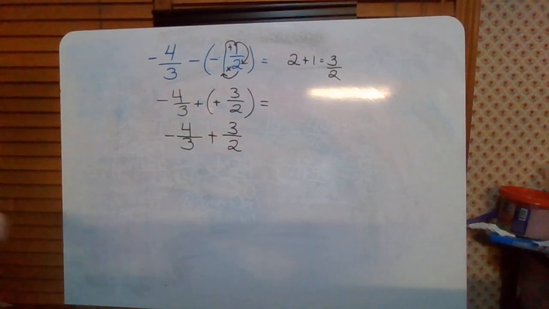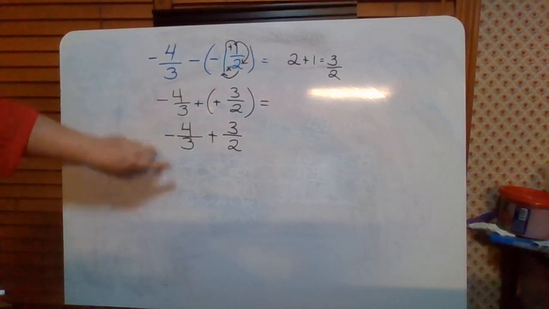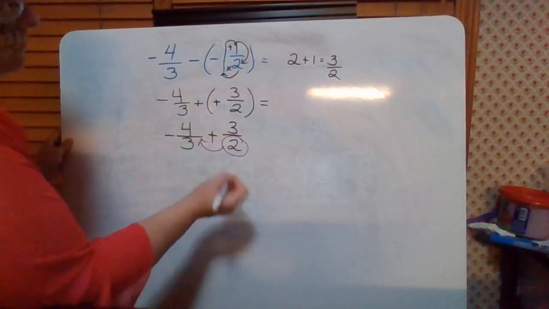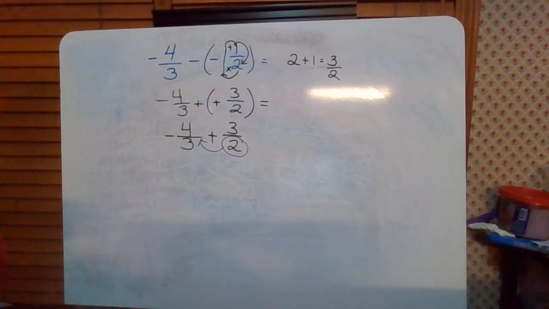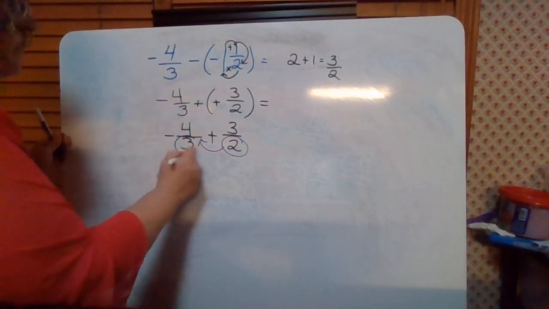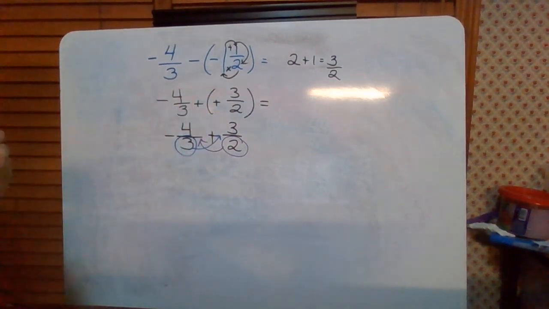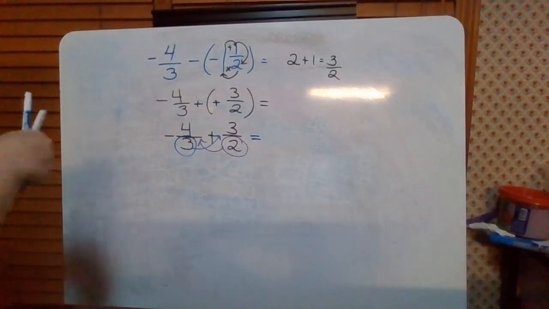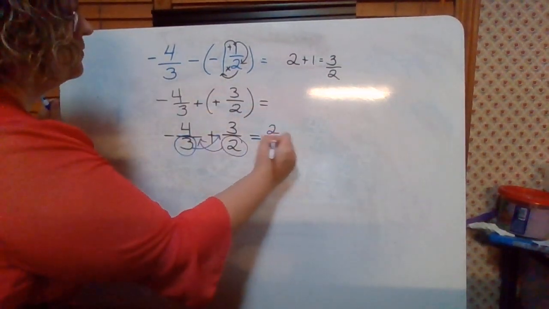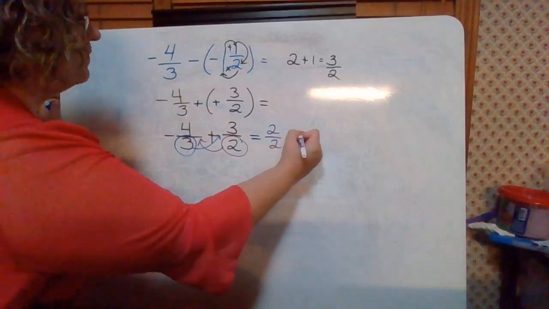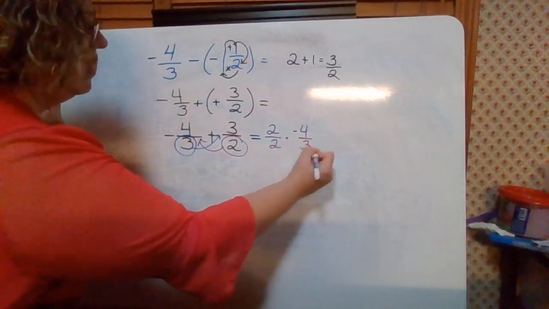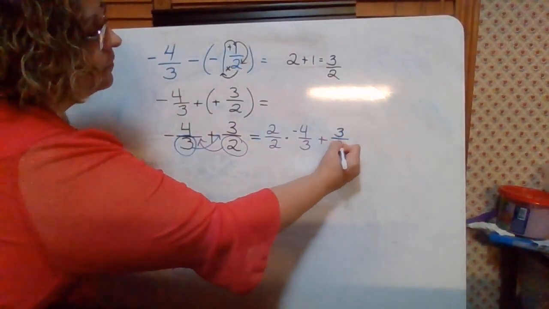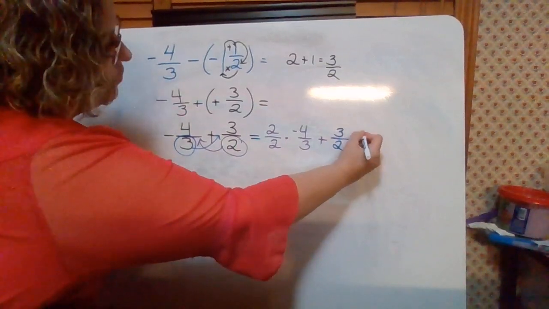What are we going to multiply by? We're going to multiply the first fraction by 2, and the other one by 3. So we have 2 over 2 times negative 4 over 3 plus 3 over 2 times 3 over 3.